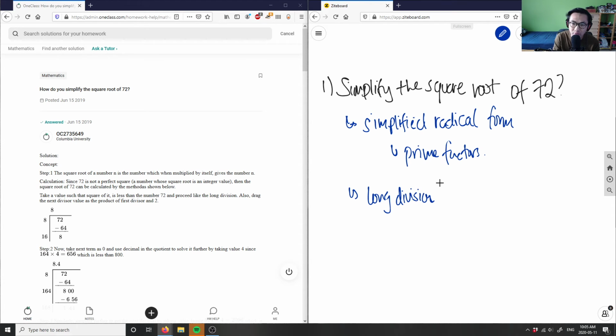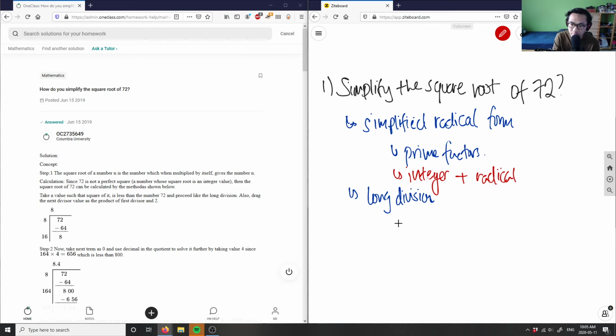And this would give you an integer, so basically a whole number plus a radical. So it simplifies the radical into a whole number and radical.